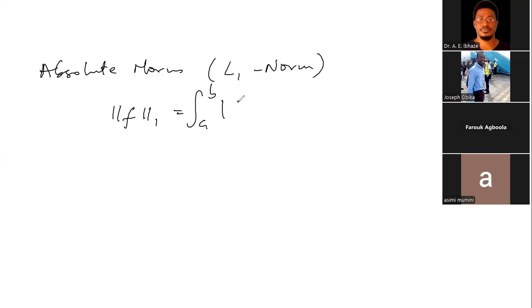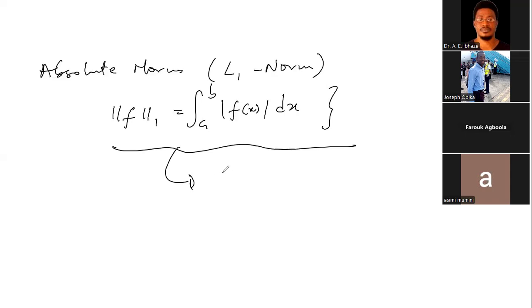So we integrate the mod of the function, dx, over the interval. And this applies if we are avoiding large deviation. So this measures the total absolute deviation. So when we are concerned with measuring the total absolute deviation, then we want to take the absolute norm or the Manhattan norm. And then we know this is robust against outliers because it does not square any error, okay?